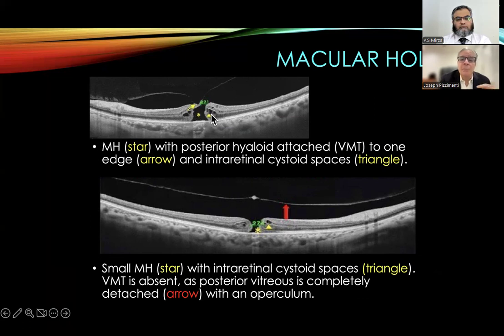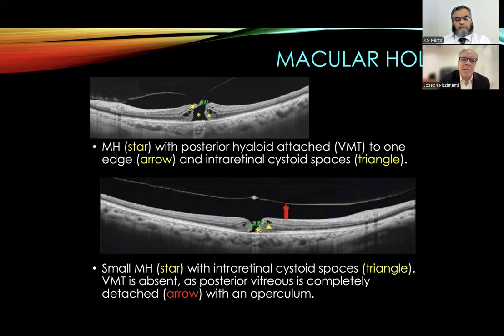And we could see some of these intraretinal cystic spaces developing. And so now our stage 1 macular hole has become a stage 2 macular hole. And so now this becomes a surgical case.